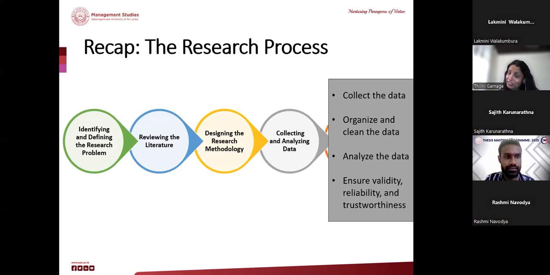You need to ensure that you have high quality data, which is complete, relevant, and up to date. Only then can you depend on the results. Otherwise, if you include poor quality data, definitely your findings will be of inferior quality as well. Then you start analyzing the data, meanwhile ensuring the validity and reliability, or the trustworthiness, of your findings. By now you have covered almost all these steps in detail.